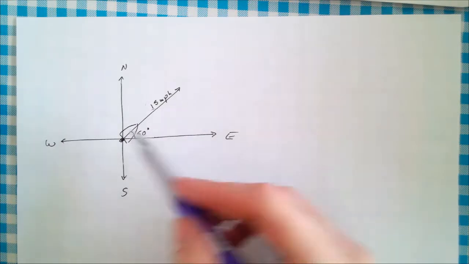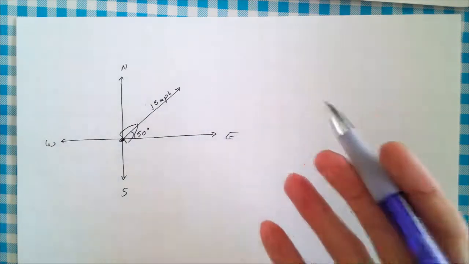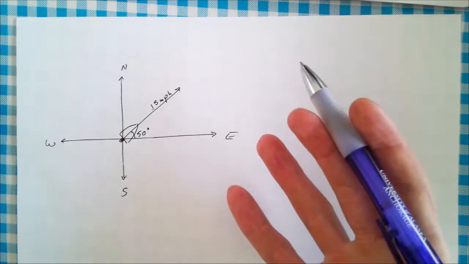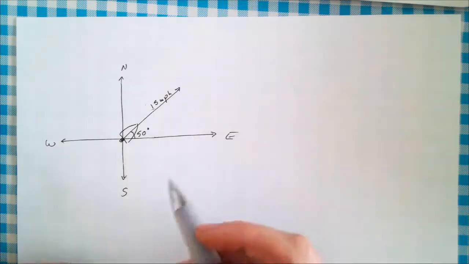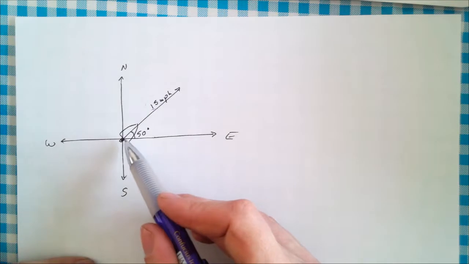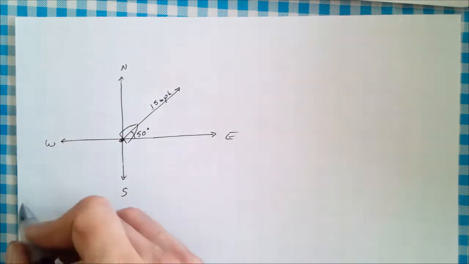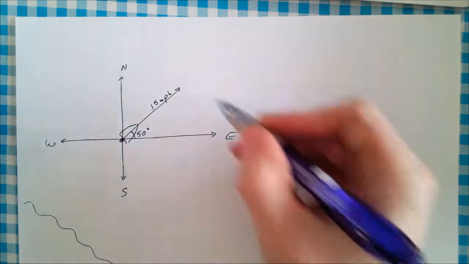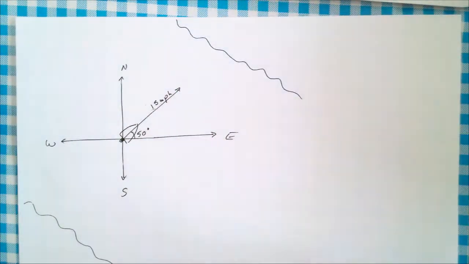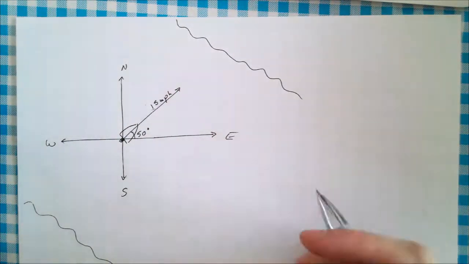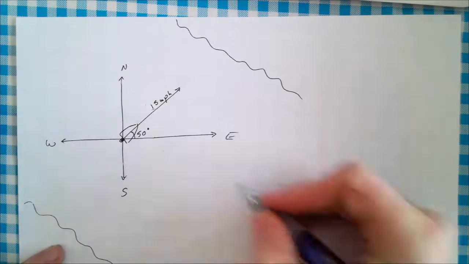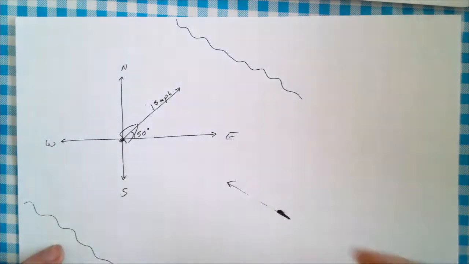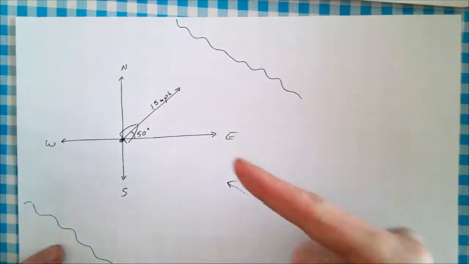This is all well and good, but what if there's some outside force acting on this boat? So let's suppose that the motor isn't the only thing influencing the speed and direction of the boat. Let's suppose that this boat is actually in a river. Maybe a really wide river, and that river has a current, and that current is flowing in this direction. So we've got a current pushing our boat.